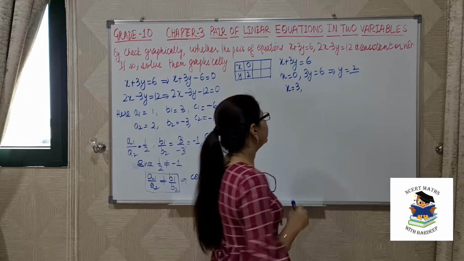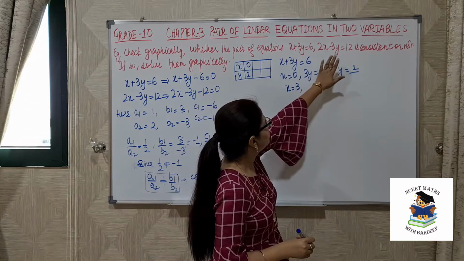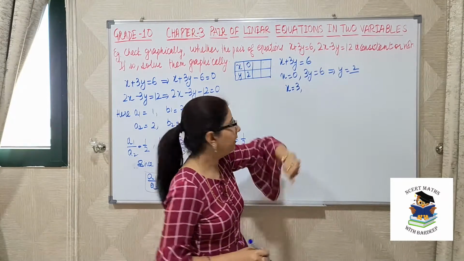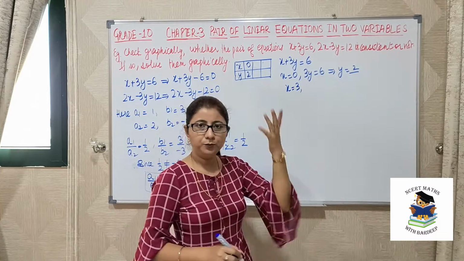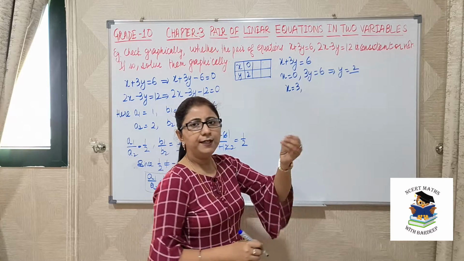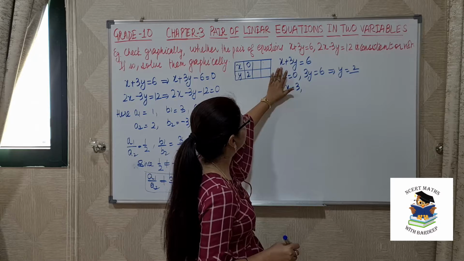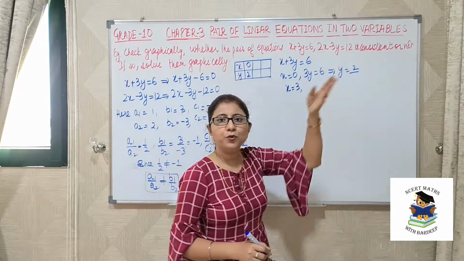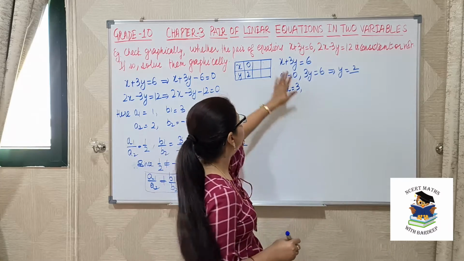Why am I putting x as 3? See, if we put x as 1, then 1 will go to the other side, 6 minus 1 is 5 and y will be 5 by 3. So 5 by 3 is difficult to plot on graph paper, so better to ignore that value. We need any 2, 3 values. If x is 2, then 6 minus 2 is 4, and we would need to plot 4 by 3. Why take this tension?